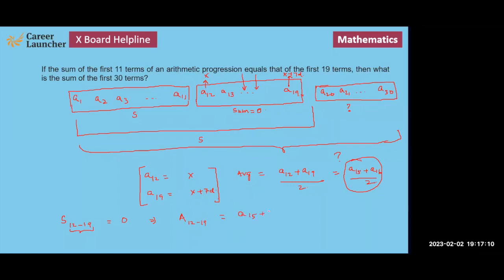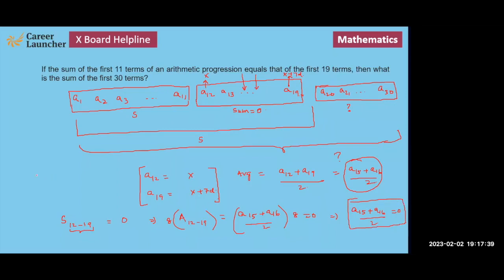A15 plus A16 by 2, and the number of numbers that we have must be 8. This multiplied by 8 is equal to 0. What does this mean? It tells me that A15 plus A16 is equal to 0. This is a very important thing. I will do it by another method also.